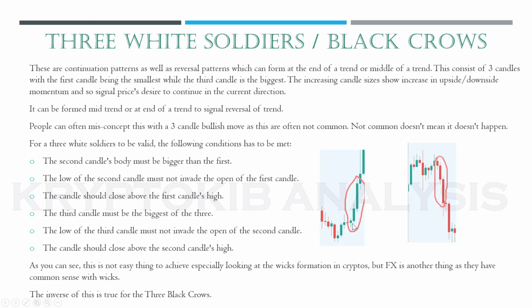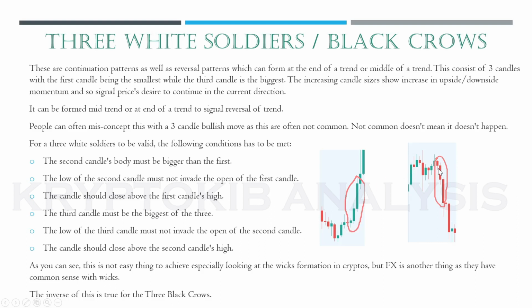Oh, this is not even a valid one. I made the mistake there, because the wick of this second candle invades the open of this first candle. So that is not a valid three white soldiers. I didn't quite notice that. But let's look at the body. The body size of this is bigger than the body size of this first one, and the body size of this third one is bigger than both the first and the second.